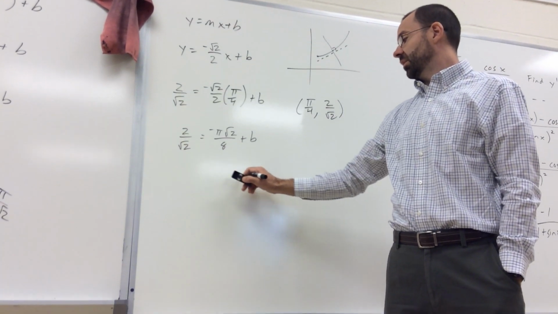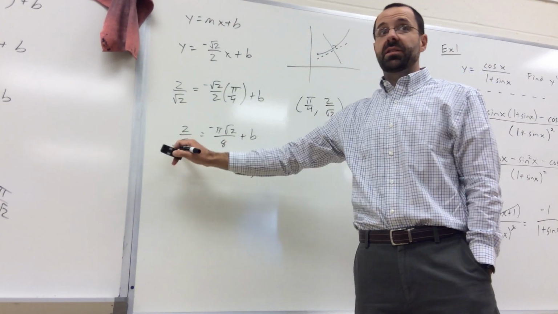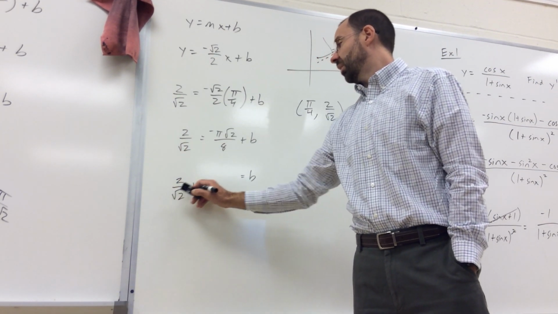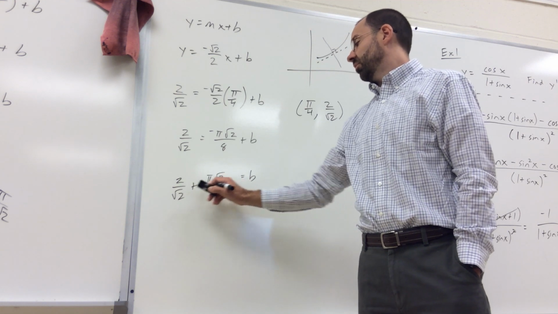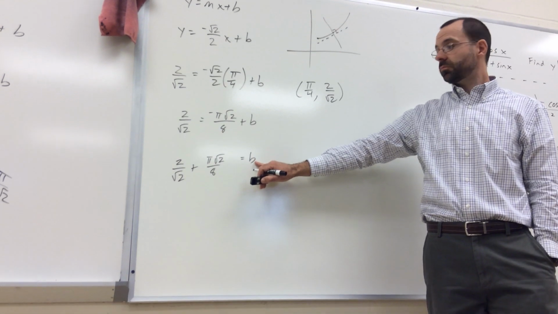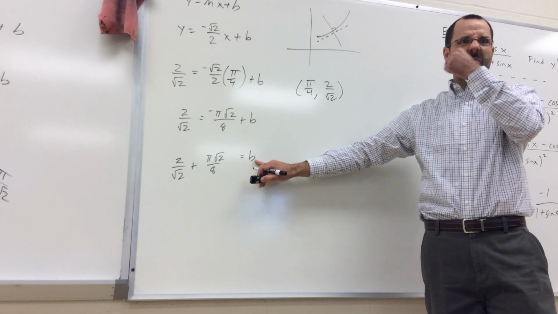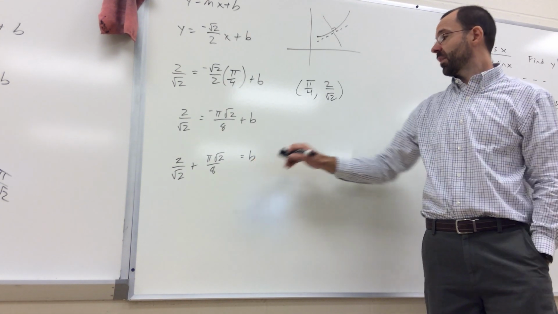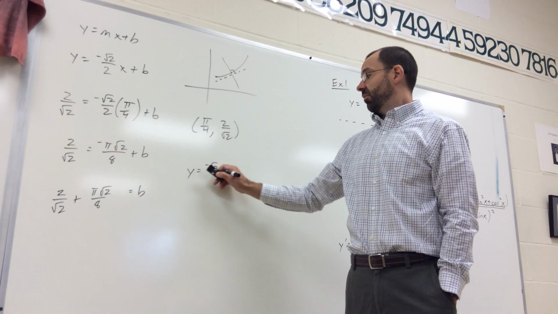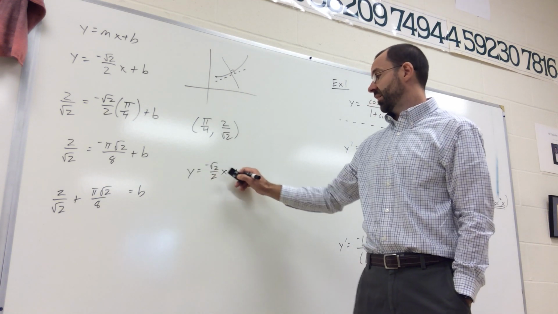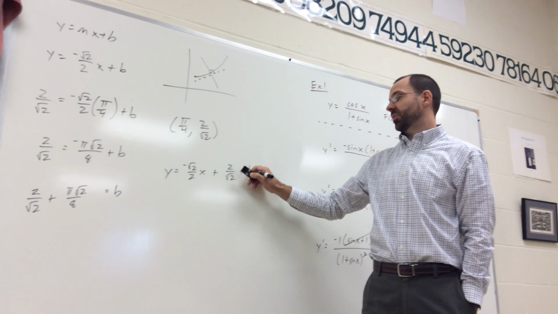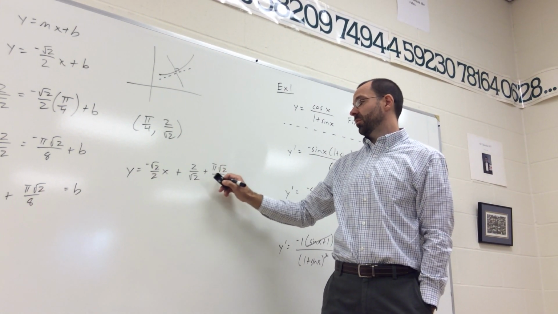And so then b is adding that to the other side. 2 over root 2 plus pi root 2 over 8. So y equals negative root 2 over 2 times x plus that nasty mess. 2 over root 2 plus pi root 2 over 8.